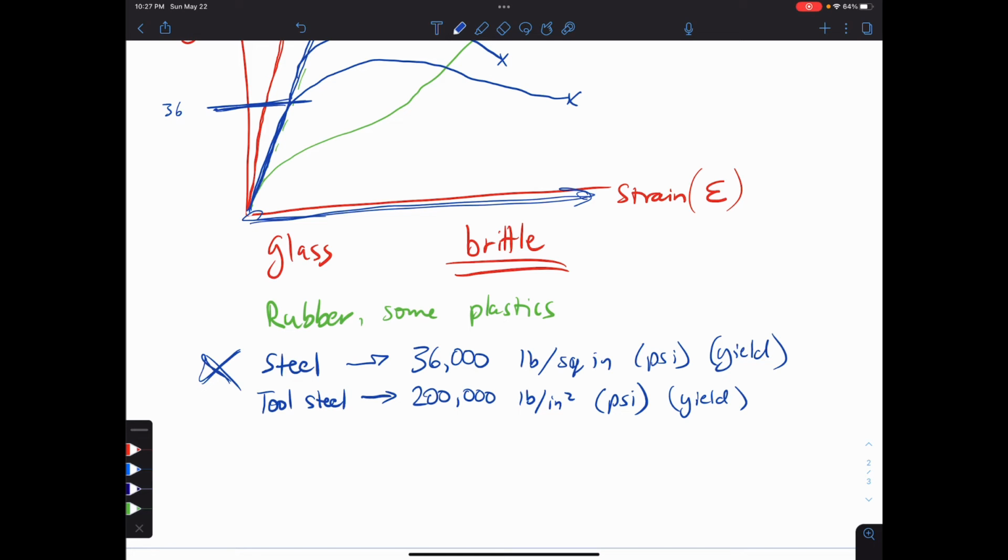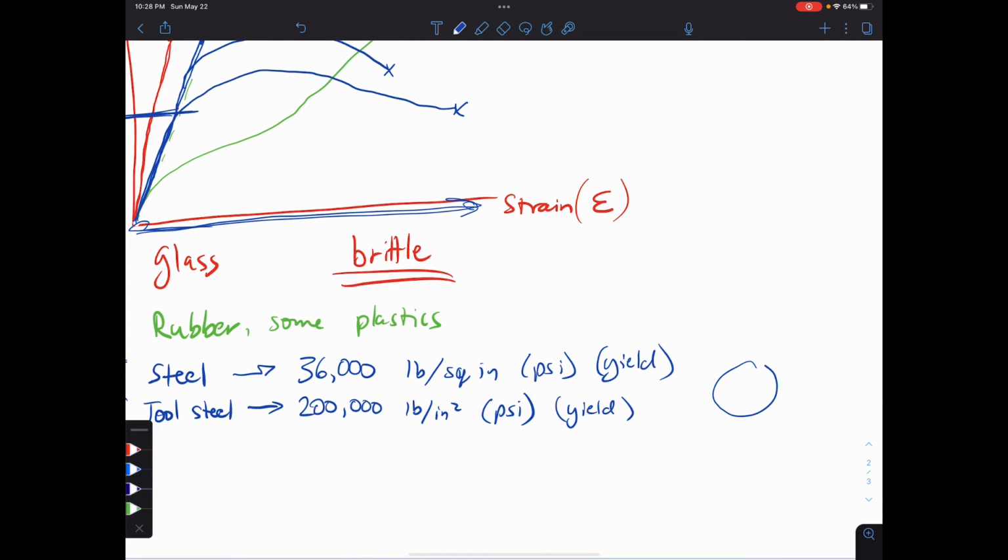Steel that you want to be able to, say, pound into a specific shape, things like that. You're going to want a weaker steel, actually. Still lots of strength, 36,000 pounds per square inch. So if you had a 1-inch bar, this big around, you could carry 36,000 pounds through that piece of steel. That's a lot of weight, right?